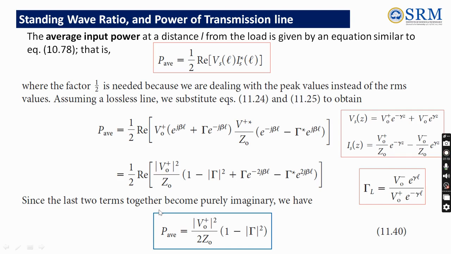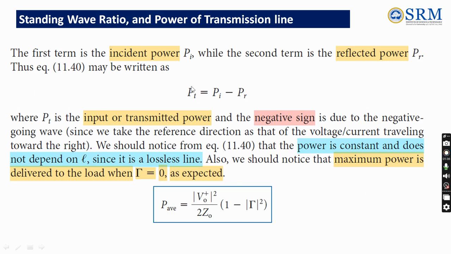Neglecting the imaginary part, we get the average power as the magnitude of the incident voltage squared divided by twice the characteristic impedance, into 1 minus the magnitude of the reflection coefficient squared. This is the average power delivered to the load.